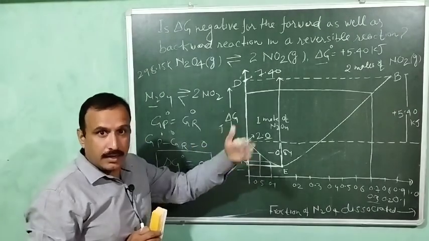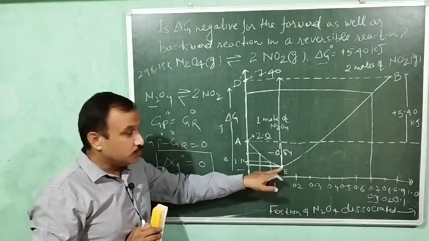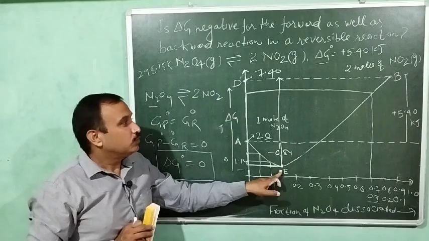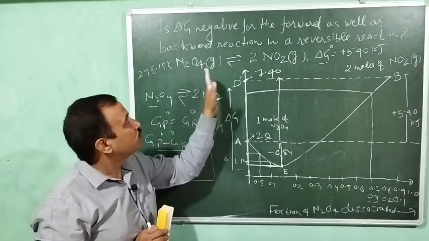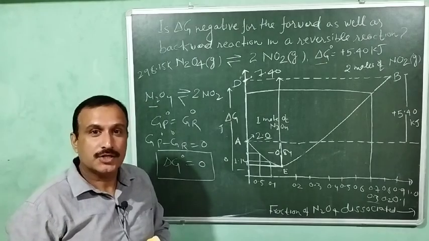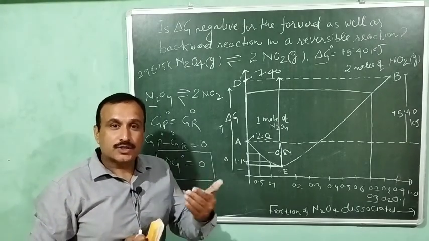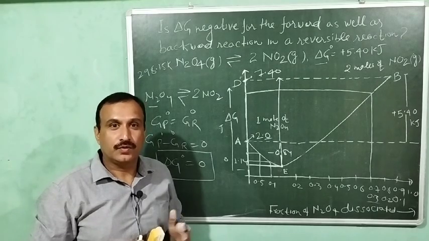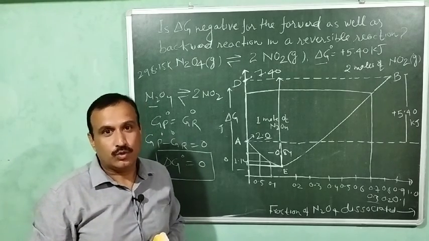So, as I have explained, delta G is equal to 0 at the equilibrium point. So this is all about this question, that how the delta G is negative for forward as well as backward reaction. And in my next video I will discuss the thermodynamic derivation of the law of chemical equilibrium.